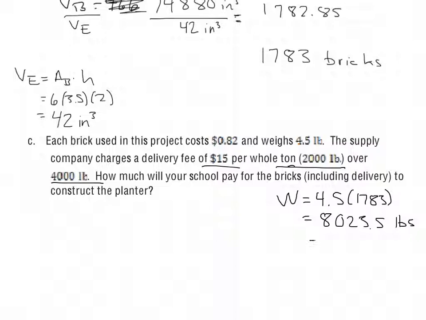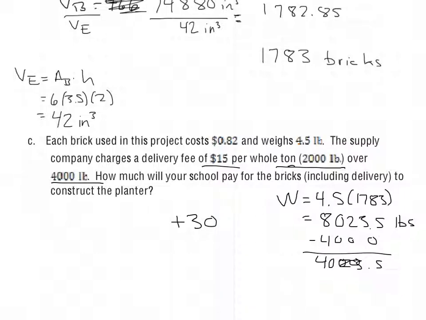So minus the 4,000 that we get for free leaves me with 4,000 pounds and 23.5. So whole tons over, we are 2 whole tons over, so that means we're going to end up paying $15 twice. So whatever we're going to get, we're going to add $30 to it.